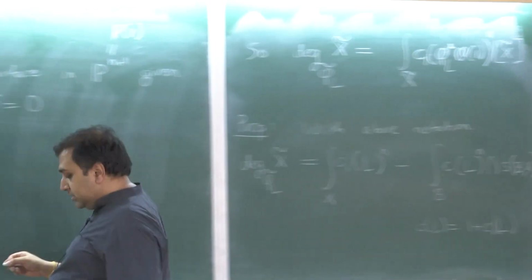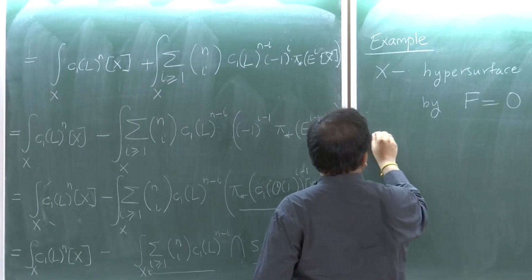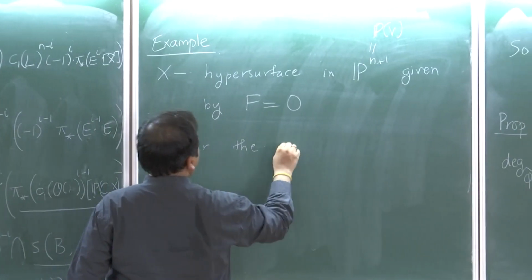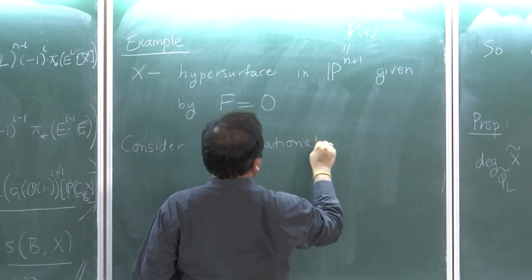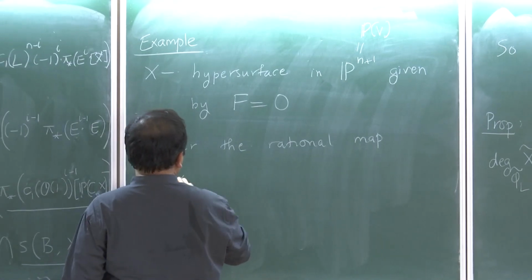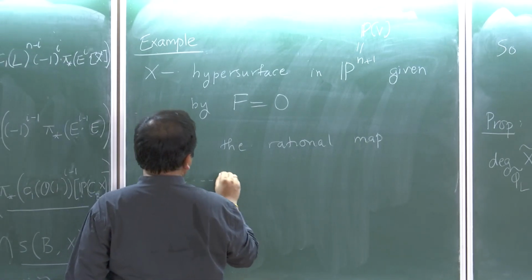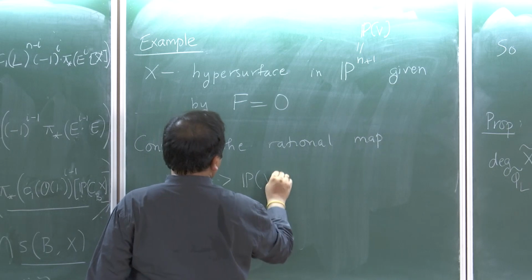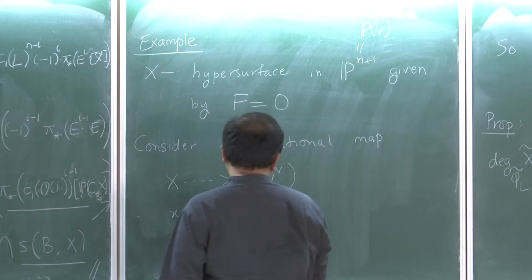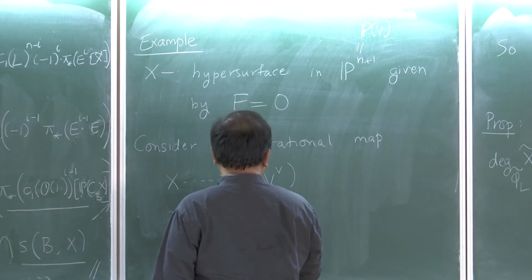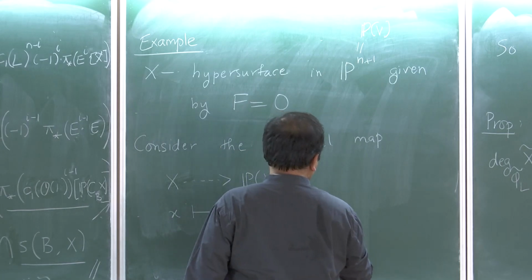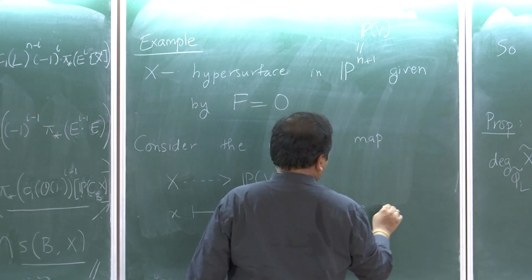So we will define this map. So consider the rational map from X to P of V dual, where x goes to the tangent hyperplane at x.